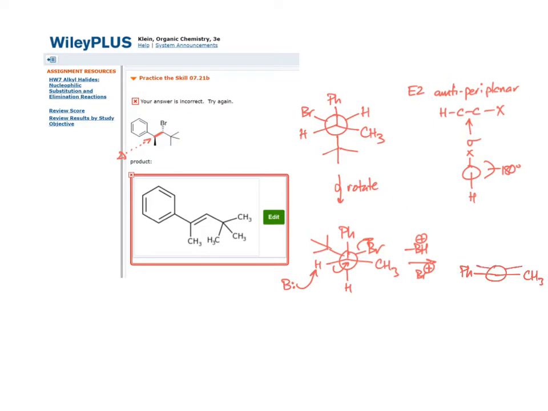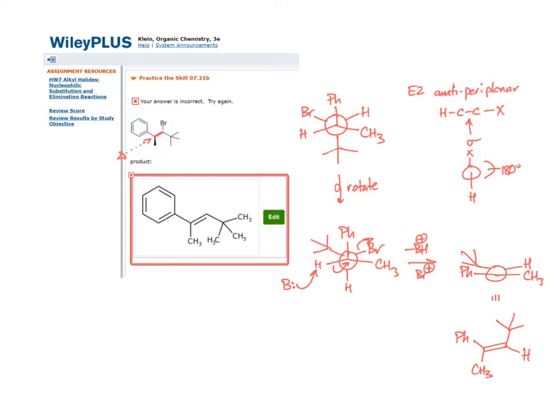The back carbon, we have the tert-butyl group there, the H there. And so this is going to be equivalent to CH3, then we said the tert-butyl group was on the same side as the phenyl group, then the H. So it looks like what you've drawn.